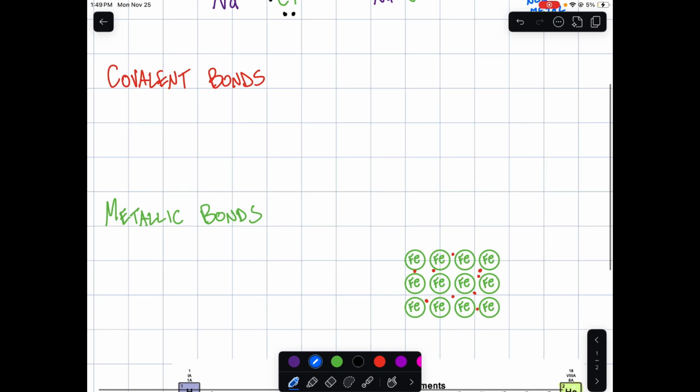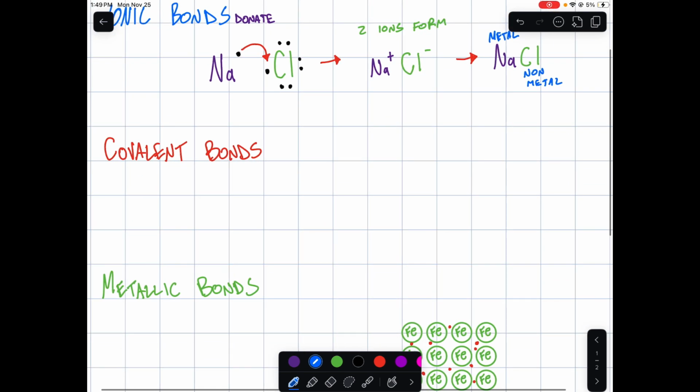Now covalent bonds share electrons. So let's look at oxygen and oxygen.